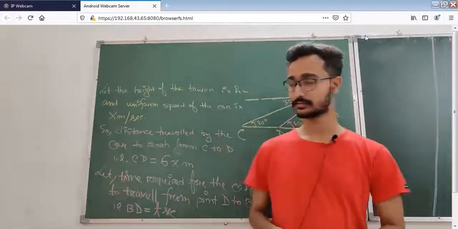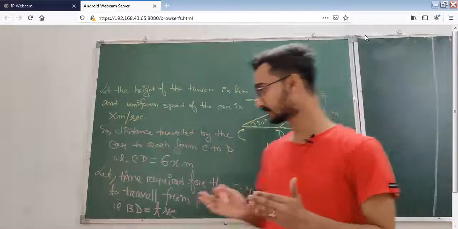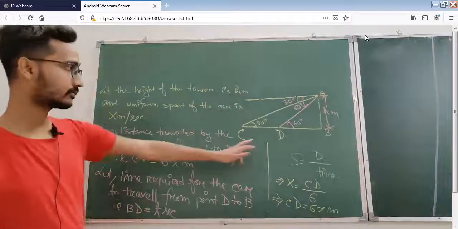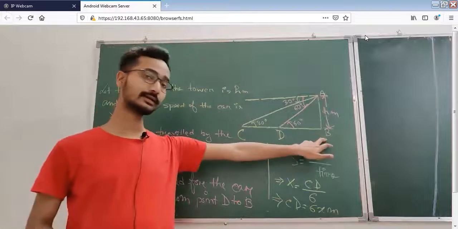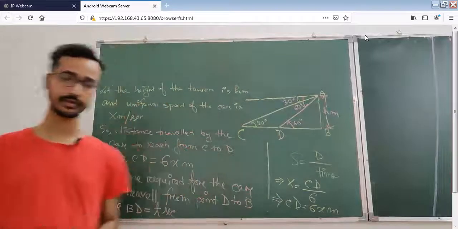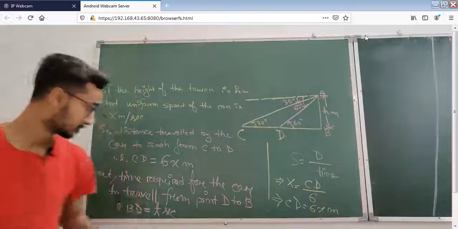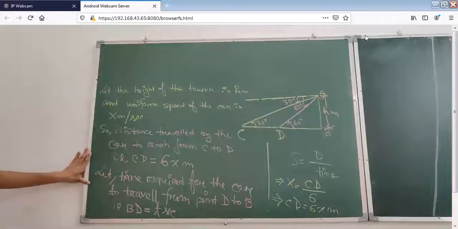After this clear? So we let the time required for a car to travel from point D to point B be t second. Okay, after this clear? So all of you write down up to this in your copy.